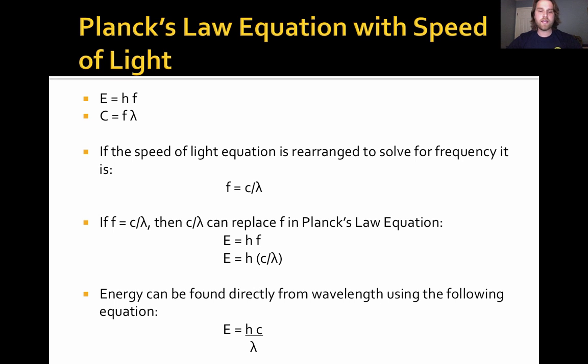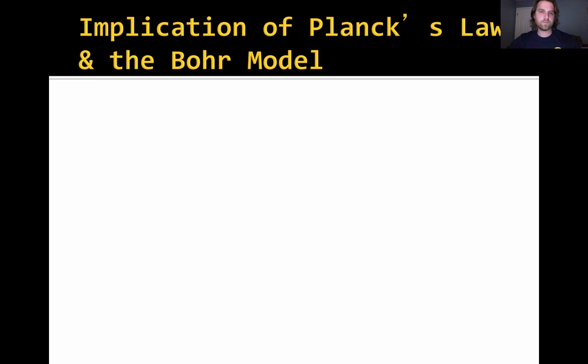So E equals HF, you replace frequency with C over lambda, and you actually get E equals H times C over lambda. That reads energy equals Planck's constant times the speed of light divided by wavelength. That's just a way to rearrange the equation so that you don't have to use frequency. That would have made the previous problem a little bit easier.